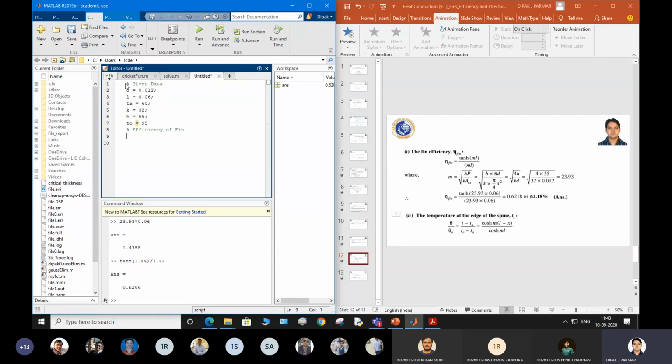The equation is known to us. The equation is eta fin, meaning efficiency of the fin, equal to tanh(mL) divided by mL.